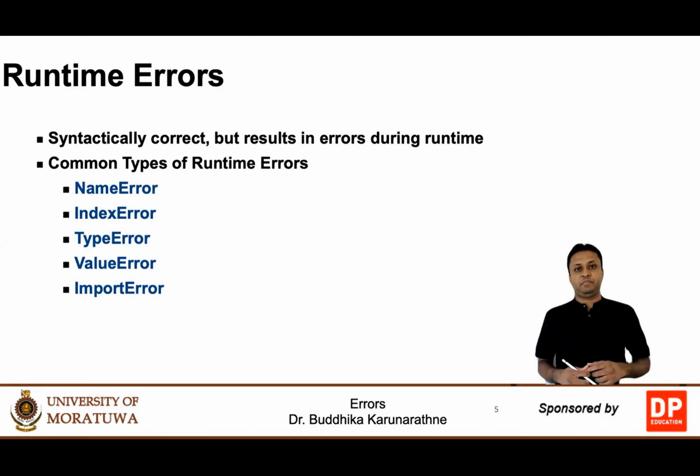That's the problem. Meaning the program will not continue to execute and you will not be able to get the expected task done. There are many types of runtime errors in Python. We will look at some of the common types in the next few slides.